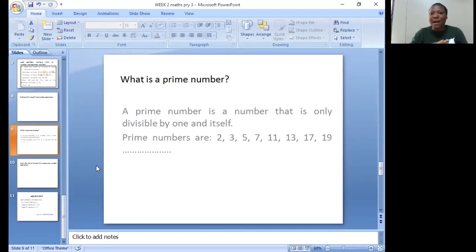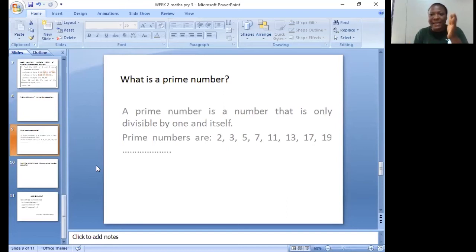We have the next number on the number system, which is 2. And 2 is a prime number because 1 can divide 2. How many times will you see 1 in 2? 2 times. Good. And we can also use 2 to divide 2. How many times will you see 2 in 2? Once. Good. The next prime number is 3.